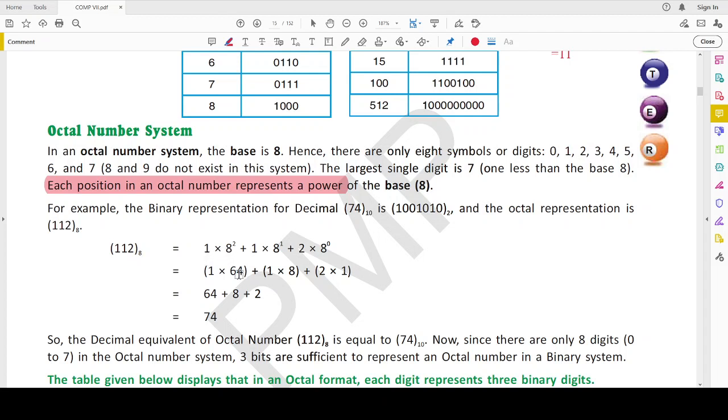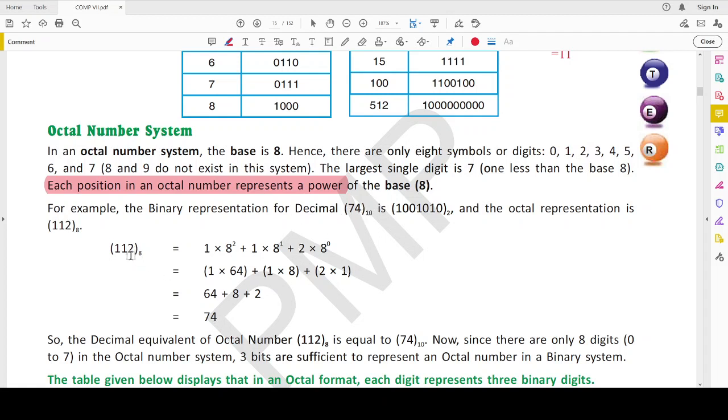So 8 to the power 2 is 8 into 8, which is 64. 8 to the power 1 is 8, 8 to the power 0 is 1. So 2 plus 8 plus 64 is 74. So this number 112 in octal is equal to 74 in decimal, right?